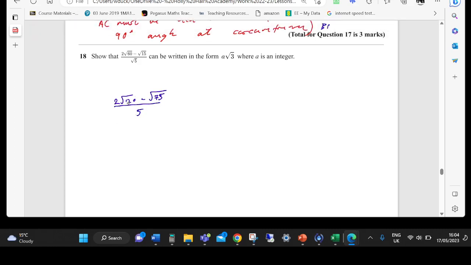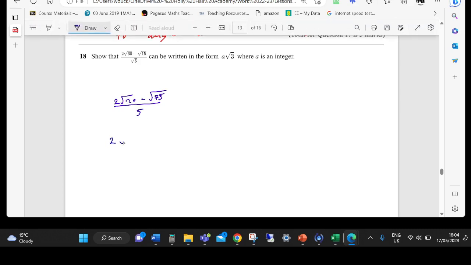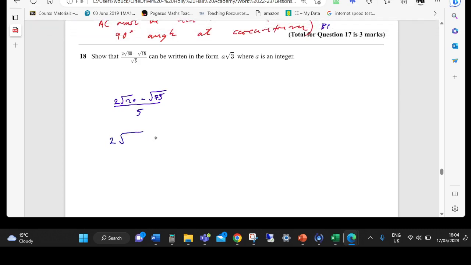Right, so 120, I'll rewrite this like this. Okay, so 120 is 3 times 40.